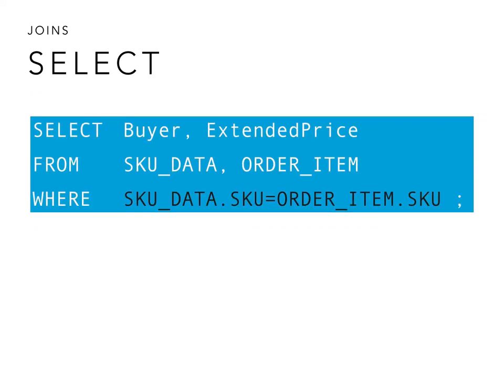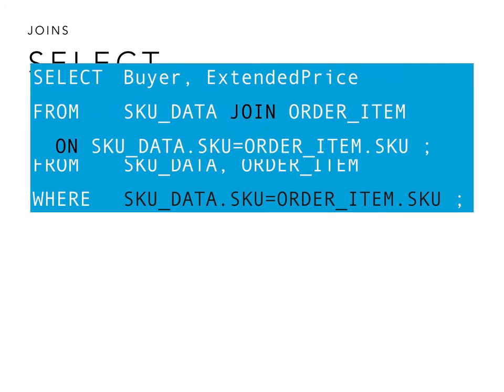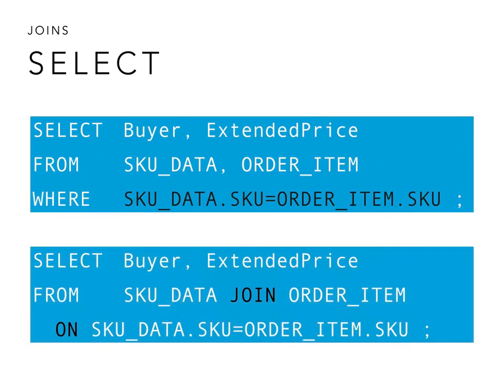Now, if we go back to the previous example, this is one way of doing joins. This is the way I learned to do joins, and this way makes sense to me. But there's an alternate syntax as well that maybe is better or more natural. And this is what it looks like. It's join on. So this is the exact same query. It's just a different syntax where I'm still getting the same things.